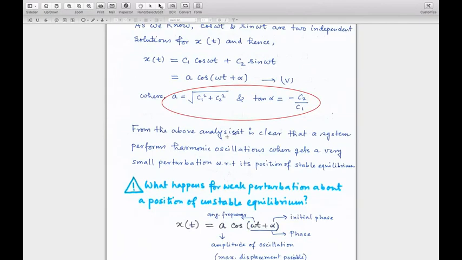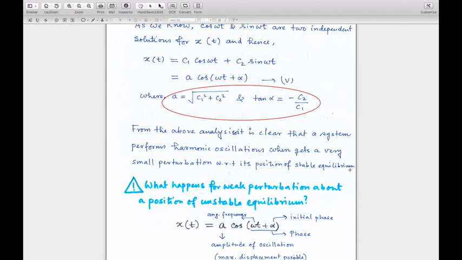Now from the above analysis, it is clear that a system performs harmonic oscillations when it gets a very small perturbation with respect to its position of stable equilibrium. So we knew what the equation of harmonic oscillator is.